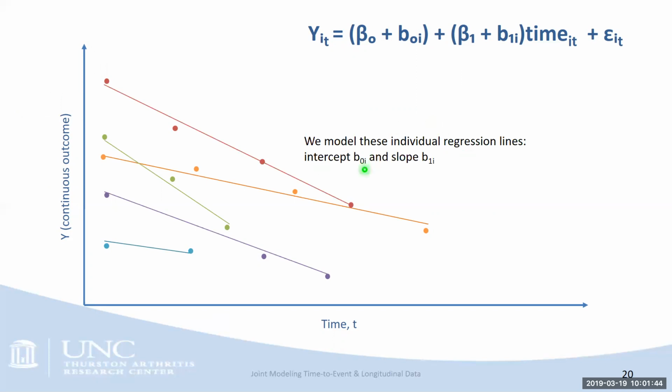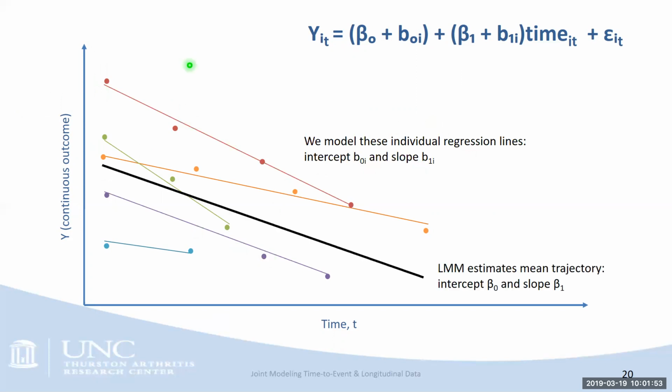Again, each person has an intercept, b0i, and each person has a slope, b1, associated with their trajectory. So what we're doing is, the LMM is basically estimating the mean trajectory given by beta 0 for intercept and beta 1 for slope.